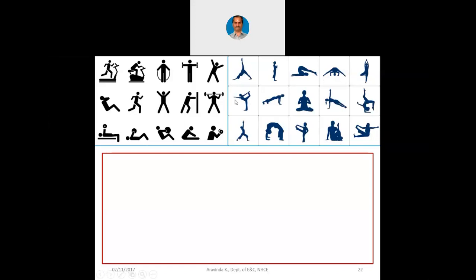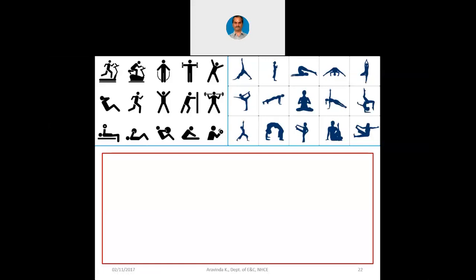Otherwise, I have put both options here. At the left side, there are gym exercises. Actually, in our campus, we have an indoor gym and an outdoor gym. You already know about it. When you come back to the campus, you can use the facilities which are there at the college.